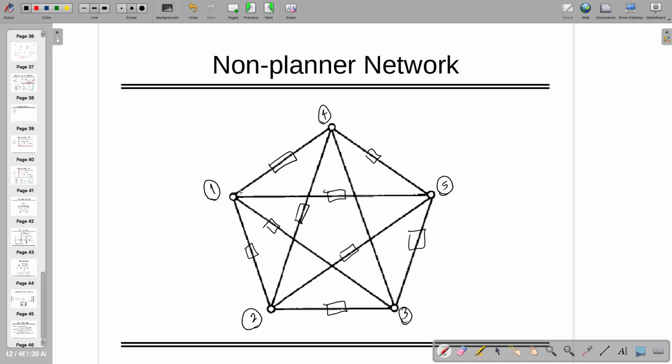If those elements are crossing each other, you can see this element is crossing this one, right? If they are overlapping, we are going to call that non-planar. If it is not overlapping, it's called a planar network, right?